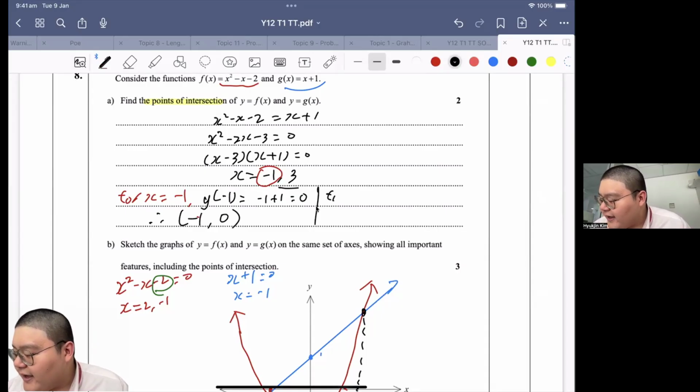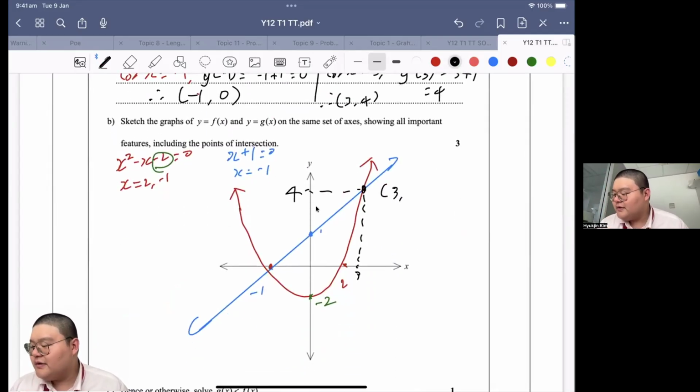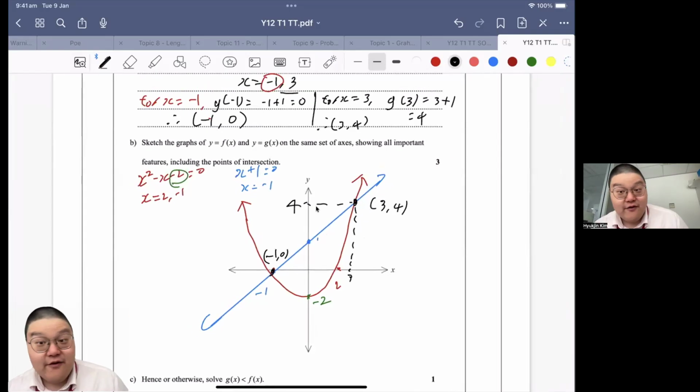And for x equals 3, g of 3 equals 3 plus 1, which is 4. Therefore, 3 and 4. Not to scale. Okay. Horrendous writing. That's okay. Now we've drawn everything in.